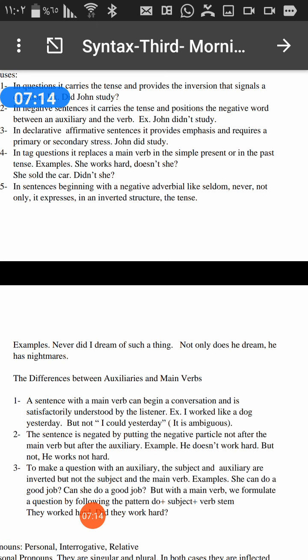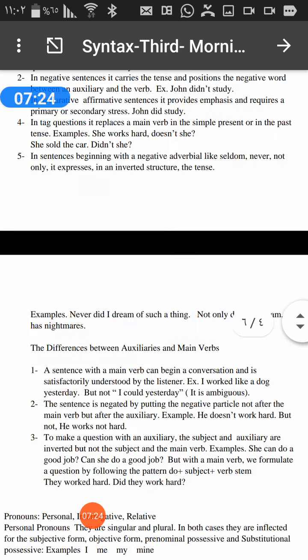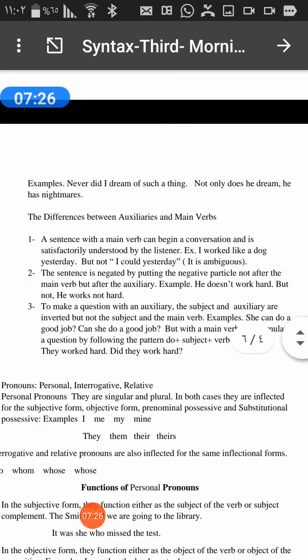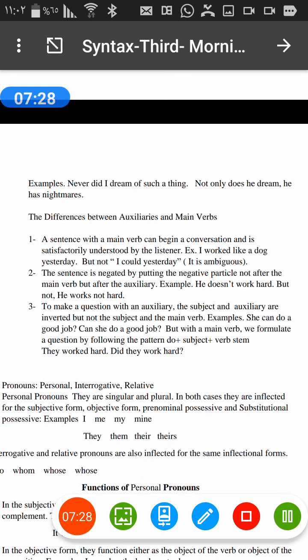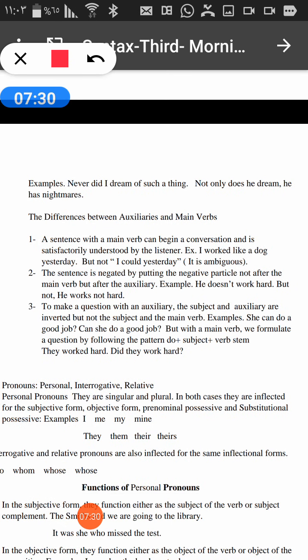In this case, it expresses in an inverted structure the tense, فهو يعبر هنا يشير لنا إلى الزمن, as in this example.